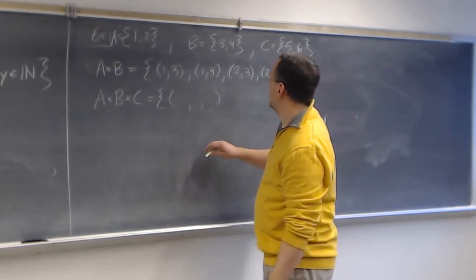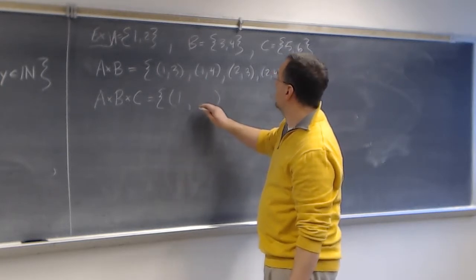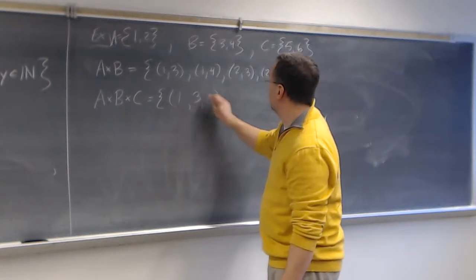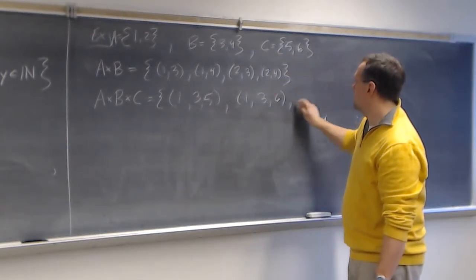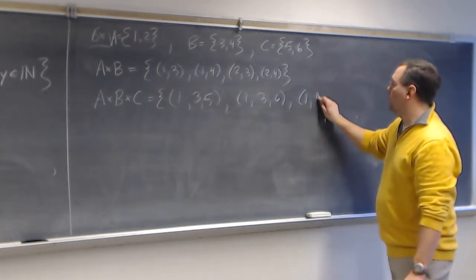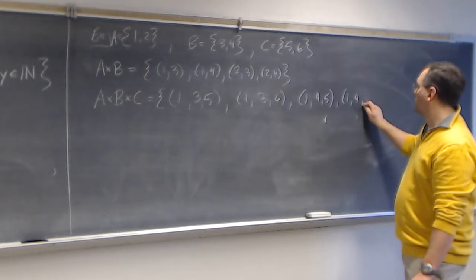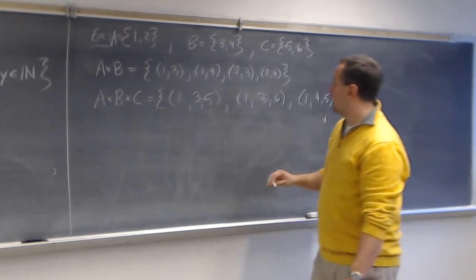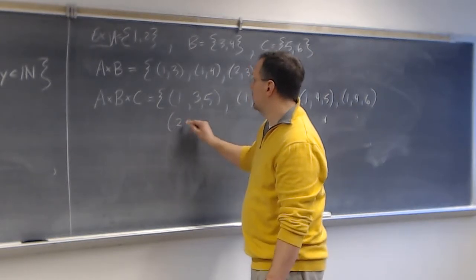So we just do it here. (1, 3, 5), (1, 3, 6), (1, 4, 5), (1, 4, 6). Those are all the points that use 1. And I'll start with 2.